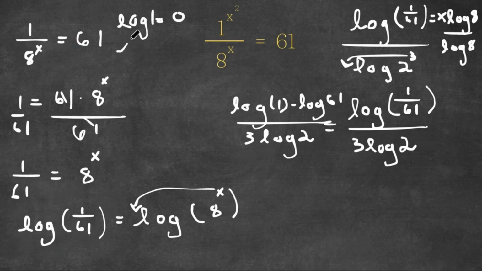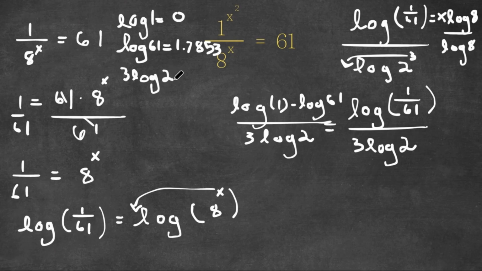Log 61 is equal to 1.7853. And 3 log 2 is equal to 0.9031.